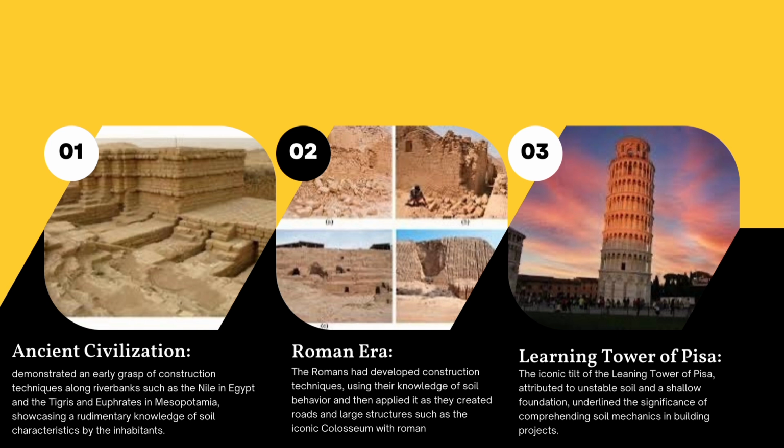Moving on, in 1173, the iconic tilt of the Leaning Tower of Pisa, caused by unstable soil and a shallow foundation, actually highlighted the importance of soil mechanics.